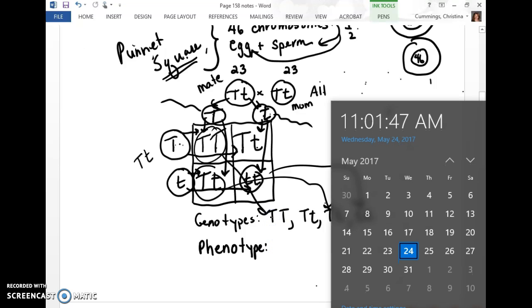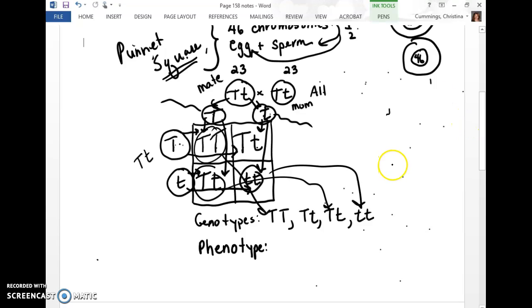Remember, T is for tall, and it's dominant over lowercase t, which is short. So this plant would be tall. This plant would be tall. That second one would be tall. That third one would be tall.